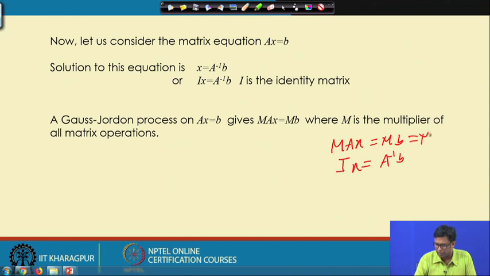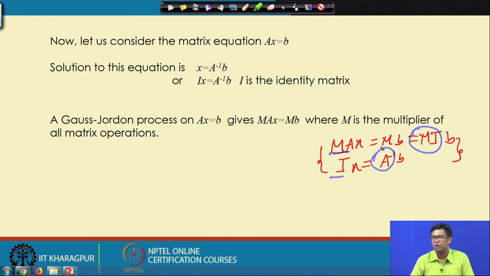So Mb can also be written as M into identity matrix into b, and if we compare these two equations, for a square matrix the reduced echelon form of MA is nothing but the identity matrix I. Therefore, MI should be A inverse.